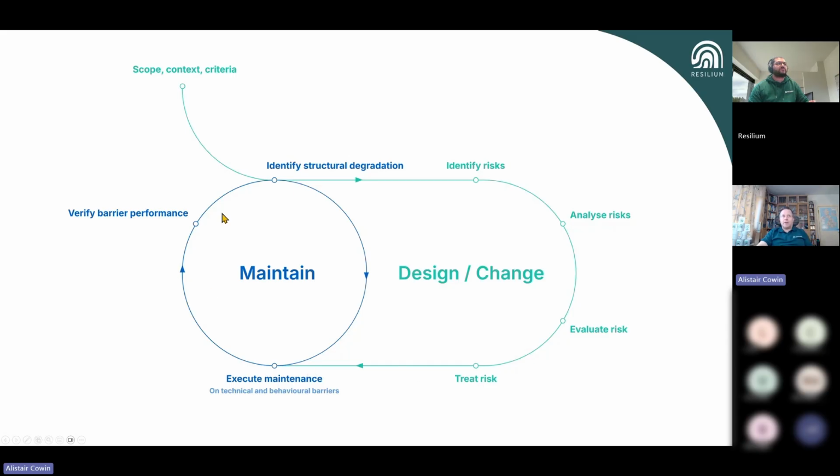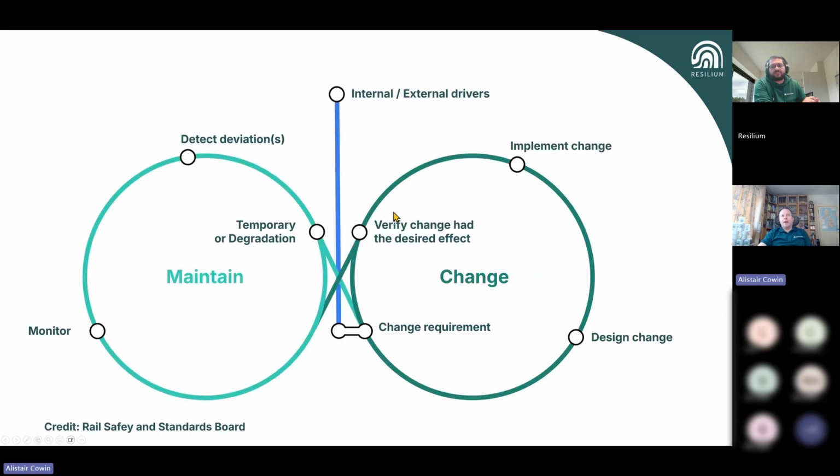And then I go into service. I'm actually at the point here doing what I said I would do. I'm going to verify my barrier performance. And if it's falling below the levels I've set, I need to change my barrier model, do something new, go round this loop again to check that it's going to provide the effect I need, and then carry on in that maintenance cycle.